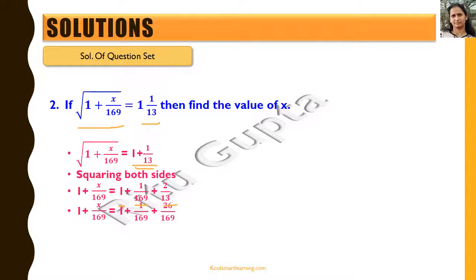Or 2 by 13 could be written as 26 by 169. And of course we can cancel out this 1 on the left hand side with the 1 on the right hand side. So we get x by 169 is equal to 27 by 169, which gives us x equal to 27.